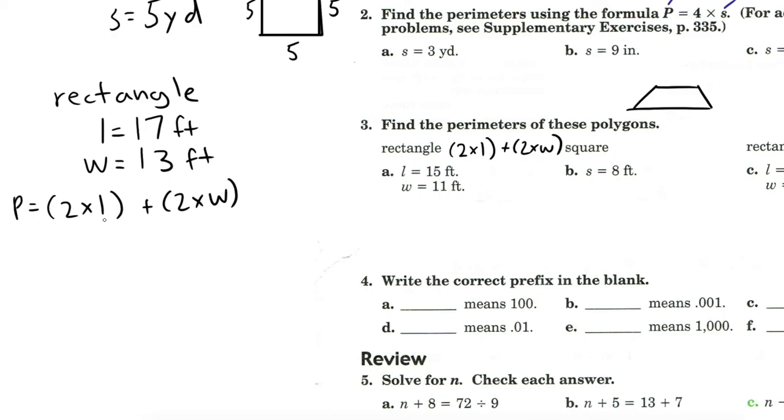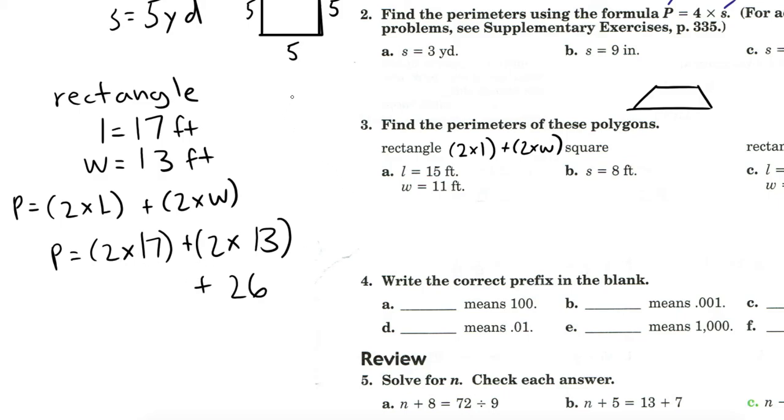Perimeter equals 2 times L plus 2 times W. So in this case, L is 17, plus 2 times W, and W here is 13 feet. So do what's in the parentheses first. 2 times 17 is 34, and 2 times 13 is 26. 34 plus 26.